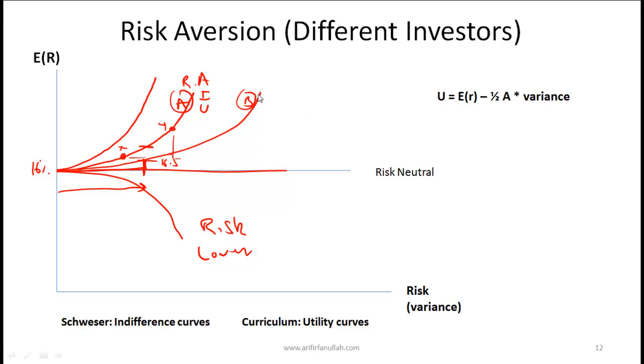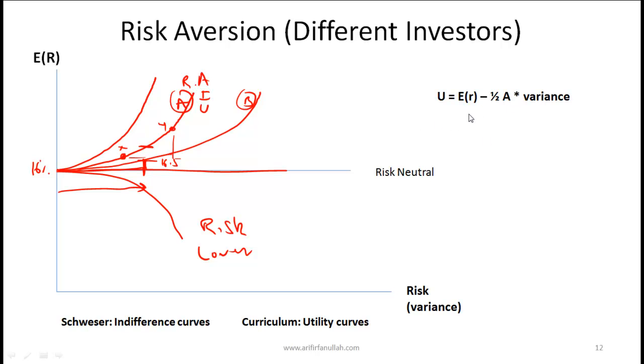So let's take this investor B. So for investor B, let's say that for a given level of happiness U is constant, then the relationship between expected return and variance, so let me just write this another way.